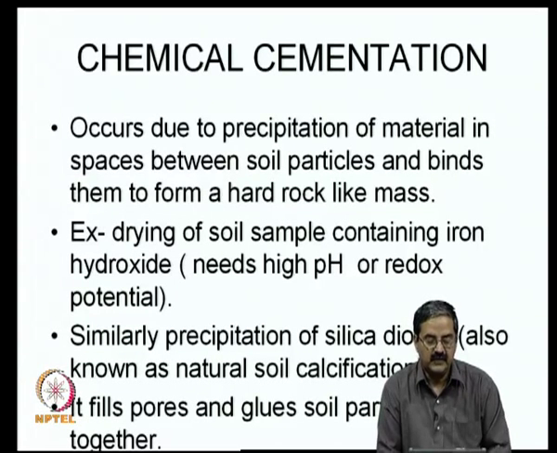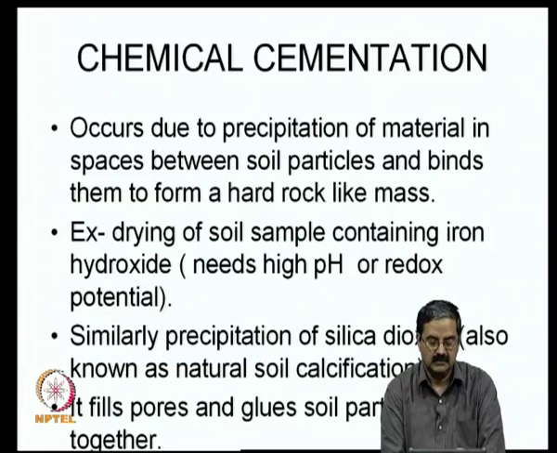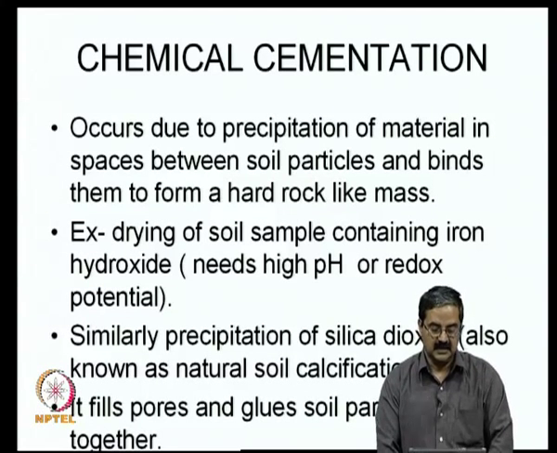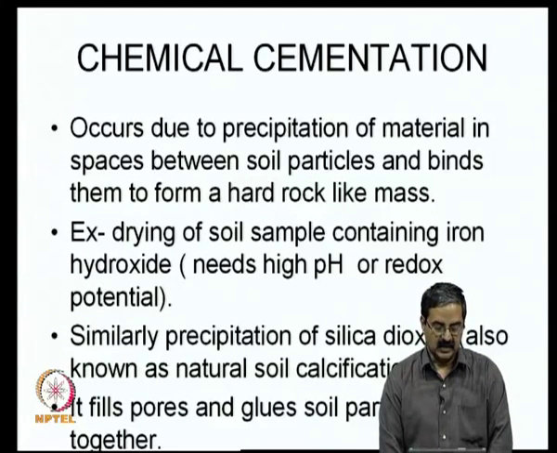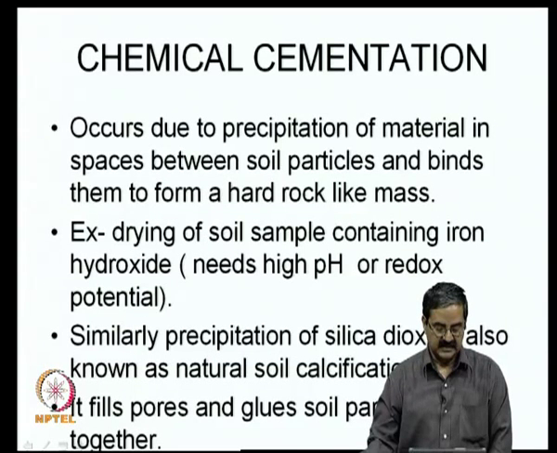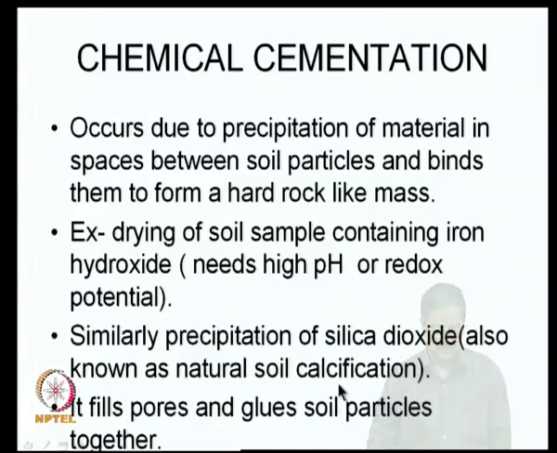Say, if you would like to increase the strength of a soil containing iron hydroxide, definitely bacterial treatment will help. Similarly, precipitation of silicon dioxide, which is also called natural soil calcification, also helps in cementation products. It fills pores and glues soil particles together.